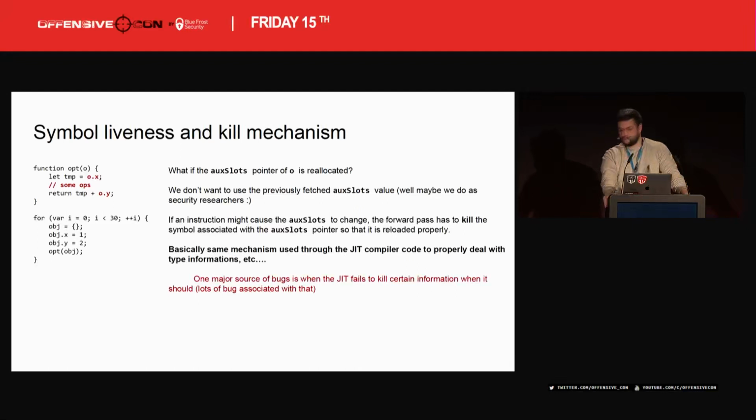It's basically the same mechanism that's used throughout the JIT compiler for all kinds of type information. If you look at some of the bug reports, especially with arrays, that's where the JIT compiler failed to kill certain type information under certain situations. That's what led to those security bugs.